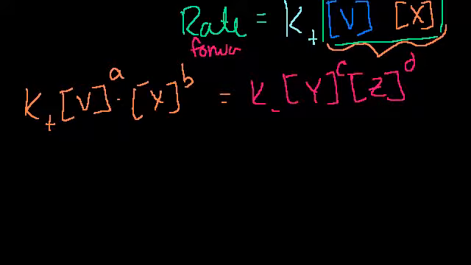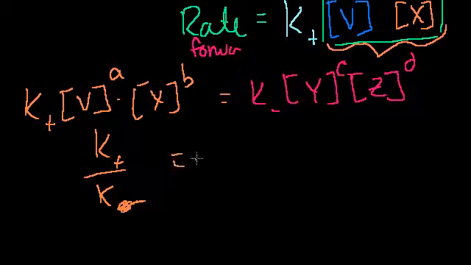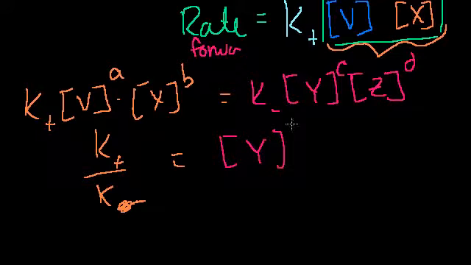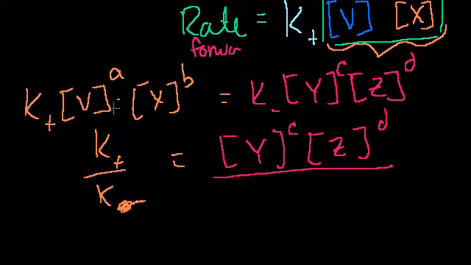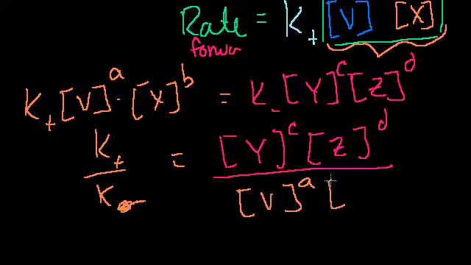All right. So let's divide both sides by K minus and both sides by this. So you get K plus over K minus is equal to Y to the C times Z to the D, all of that over V to the A times the concentration of X to the B. Let me put this in magenta just so you know this was K minus right here.